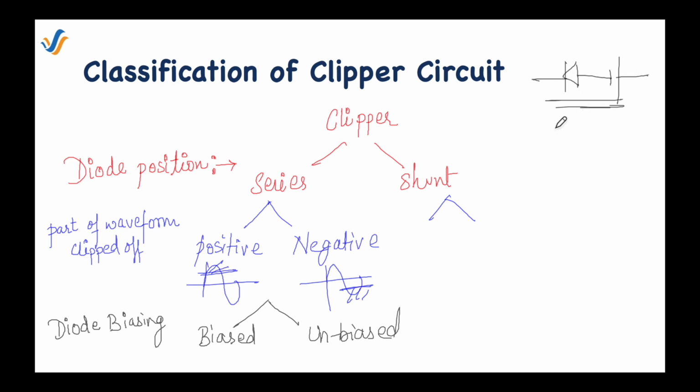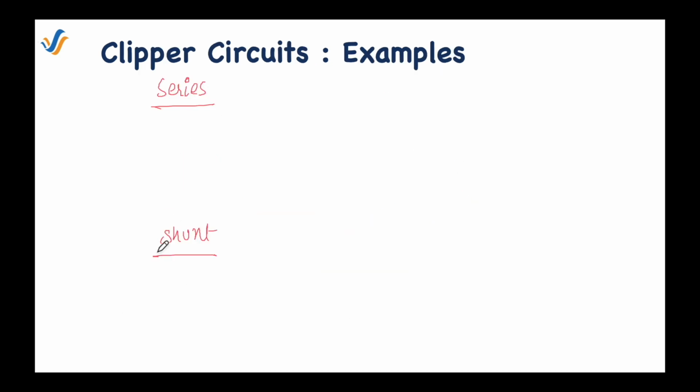That's why it is biased. And next, whether it is a series or a shunt clipper. But without this biasing, it is an unbiased series or shunt clipper. Now let's understand this with some examples. Let's take an example differentiating between the series and the shunt clipper. So series clippers are those circuits where the diode is in series with the input signal. Okay, and in the shunt, the diode is in shunt with the input signal.